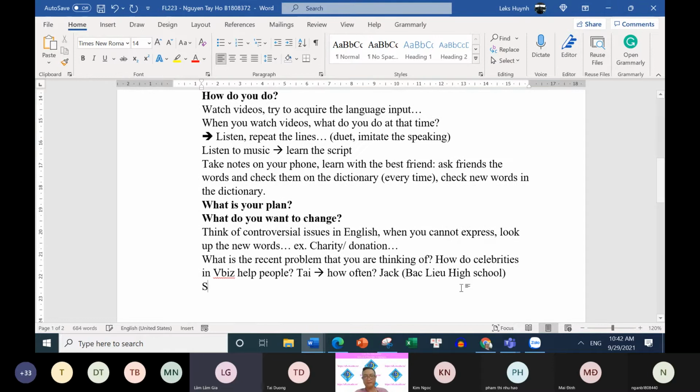If I have the same answer as Tai, I will ask Jack, and then Jack will help me with his own translation, and then I can understand the meaning of the sentence fully. Why don't you trust you and Tai, but you need to ask somebody else?